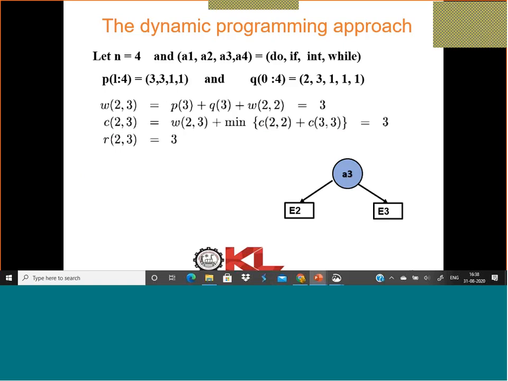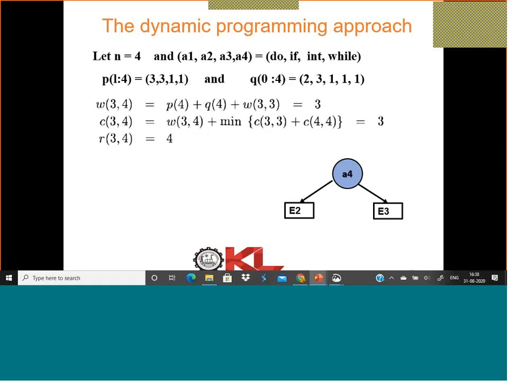Similarly, I want to construct the tree which contains exactly one node. Now this time A3 is the root. The cost will be 3 here. Similarly, for the tree which contains only the A4 node, the cost will be this one. So like this, we constructed the small trees which contain exactly one node.